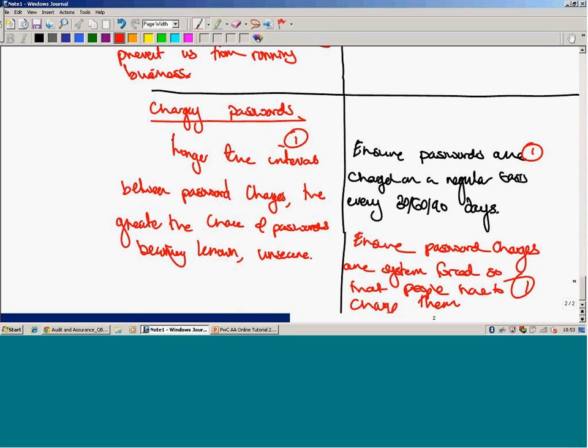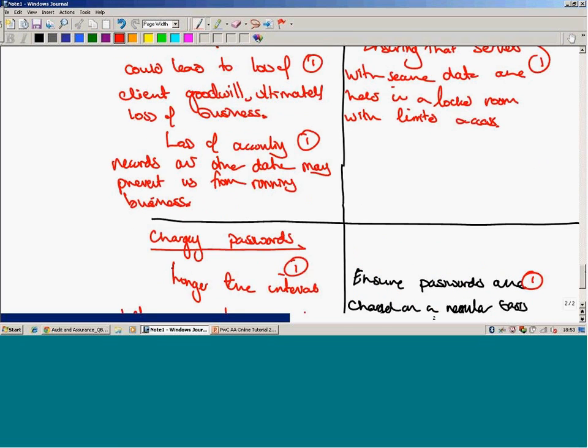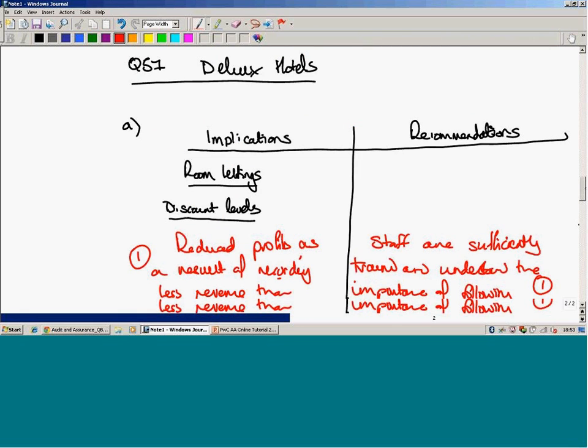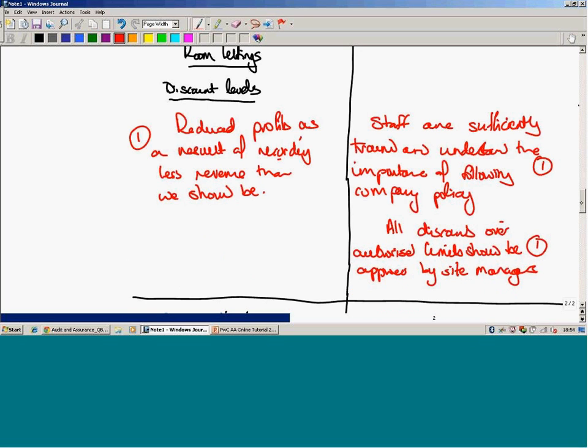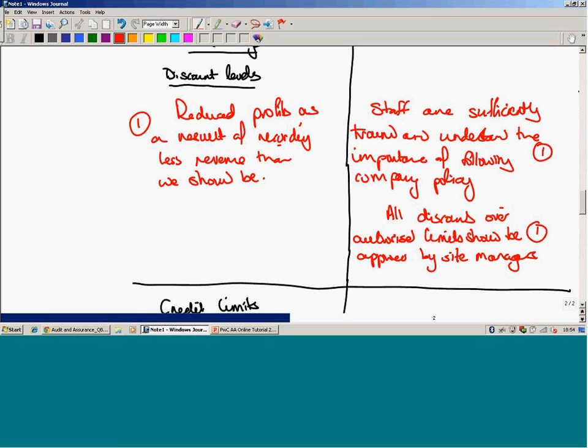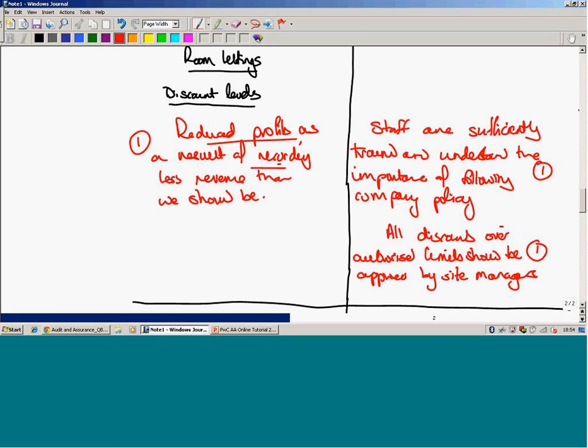The thing about these is they ultimately just boil down to common sense. You can learn as much as you want about audit and assurance, but with these questions it's just applying a bit of common sense. Yes, this is the problem, and these issues are more assurance-related. But then the recommendations are just practical, sensible solutions that are specific.